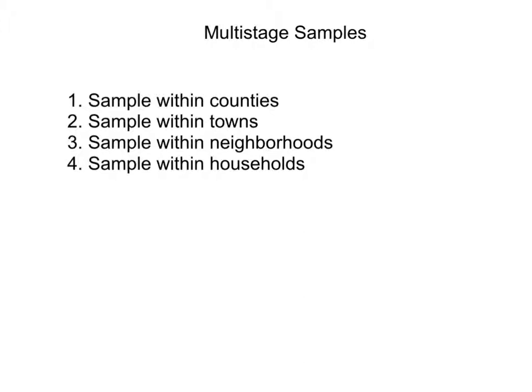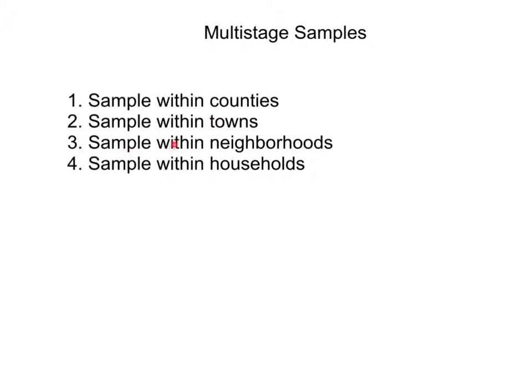Another sampling technique is called multistage sampling, where you have different stages of how you conduct samples. If you're doing it geographically, your first stage might sample within different counties in the United States. In your second stage, you would sample within different towns.